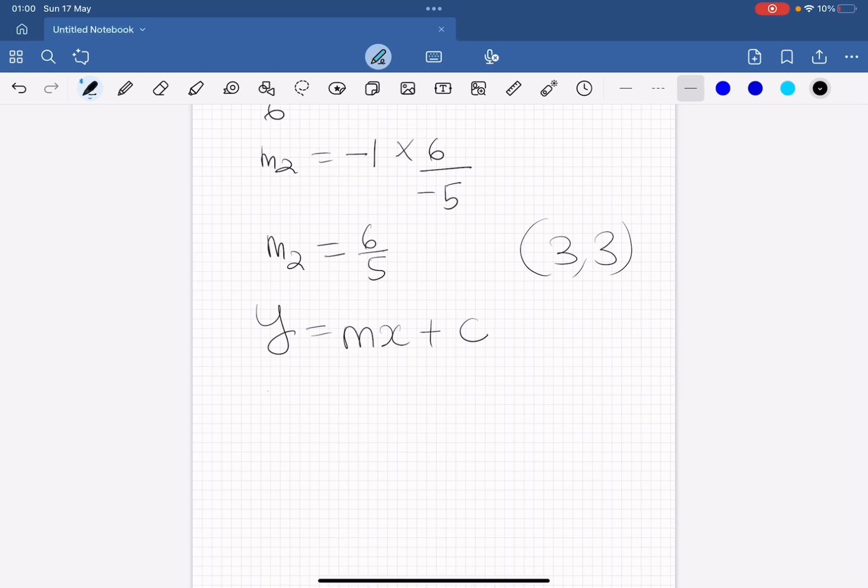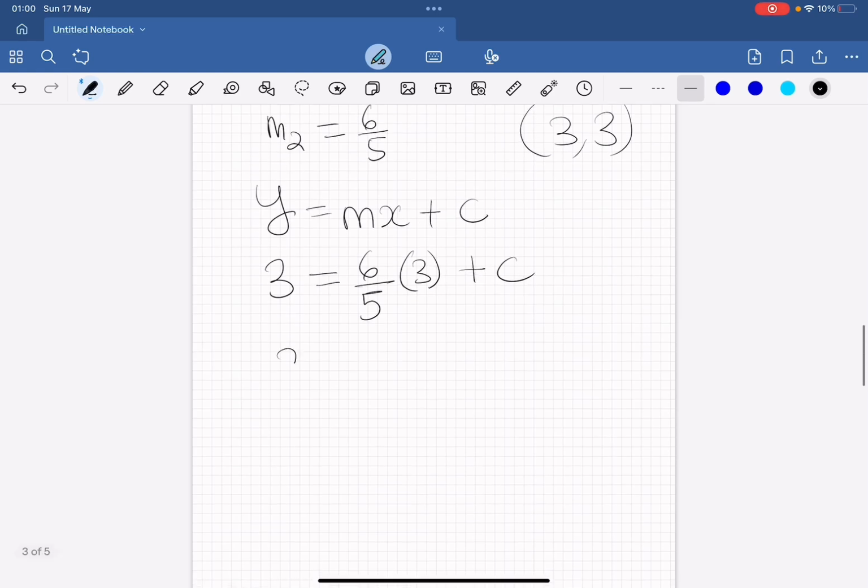Now I'm simply going to substitute 3 here, and then our m is 6 over 5, and then 3 plus c, which means 6 by 3 is 18 over 5 plus c.